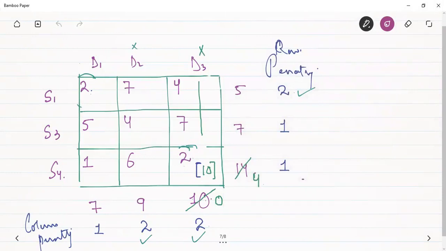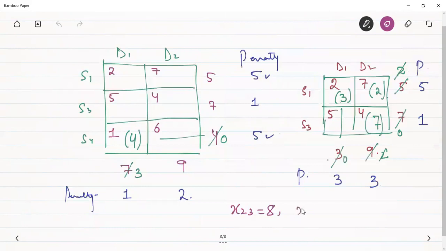Okay, x43 is 10. उसके बाद वाली allocation क्या होगी? This 4-1 है ना, 4 and 1. x41 is equal to 4. उसके बाद ये वाली allocations 1-1 allocation, x11 is equal to 3, x12 is equal to 2, x32 is equal to 7.